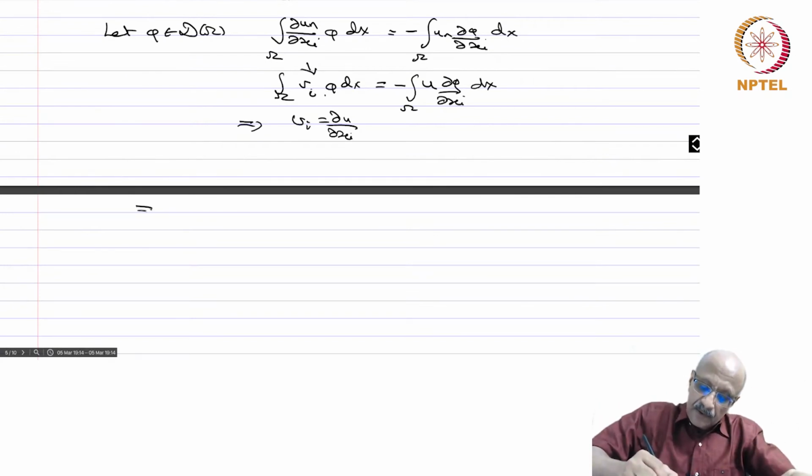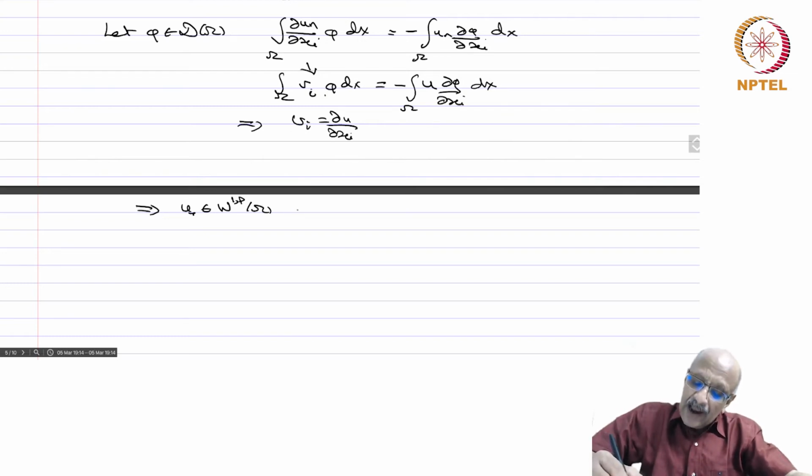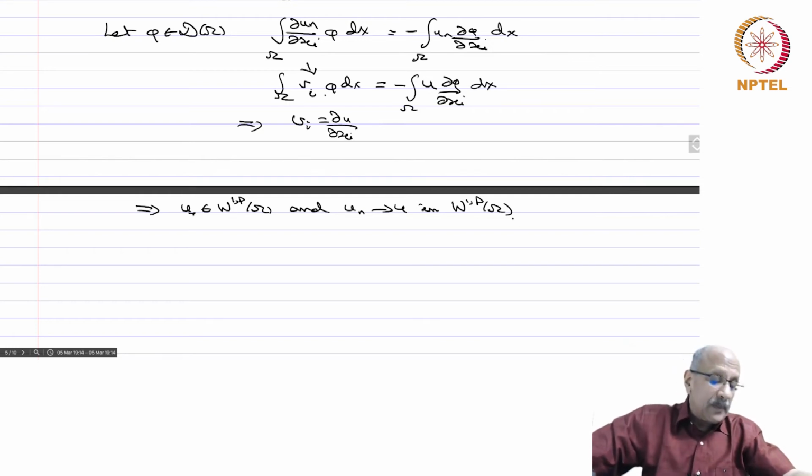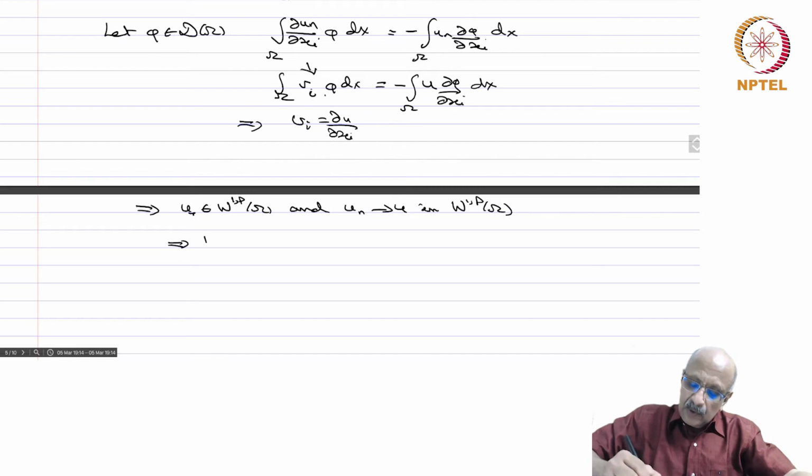So this means that u itself belongs to W1p of omega because all its derivatives are in Lp, and un goes to u in W1p of omega. Because un goes to u in Lp, dun by dxi goes to du by dxi in Lp, and that means un goes to u in W1p of omega, and this implies that W1p omega is complete.